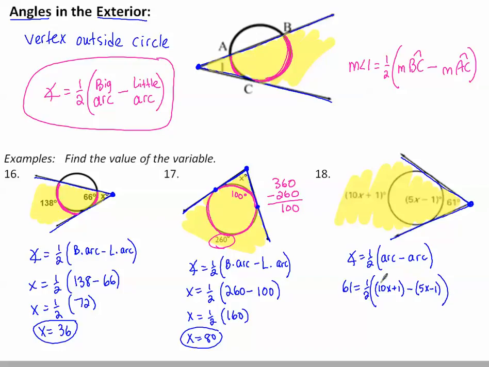We've got to combine these like terms first. So 61 equals half, 10x minus 5x is 5x, and 1 minus a negative 1 makes 2. I can get rid of that half now. Multiplying by 2, and then solving the rest. Subtracting 2 makes 120, and 120 divided by 5 makes 24. Yay!